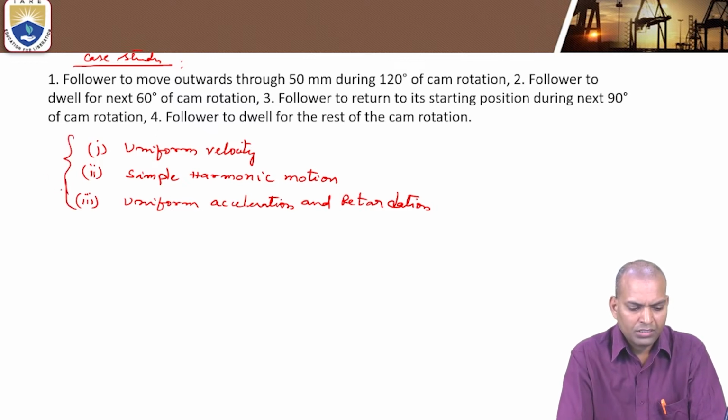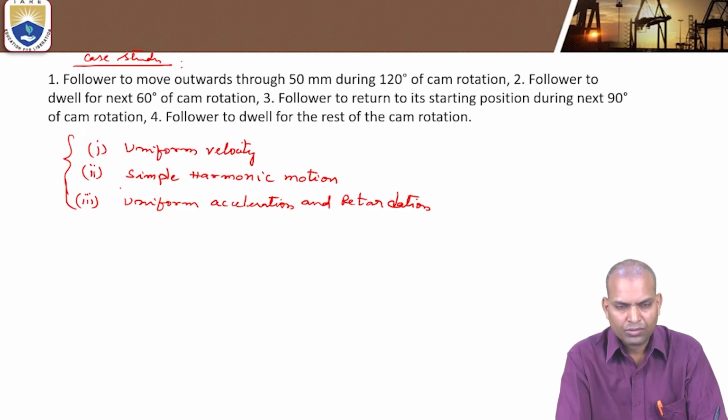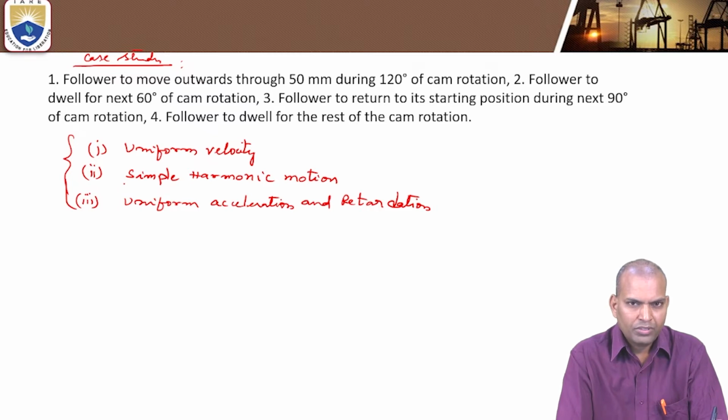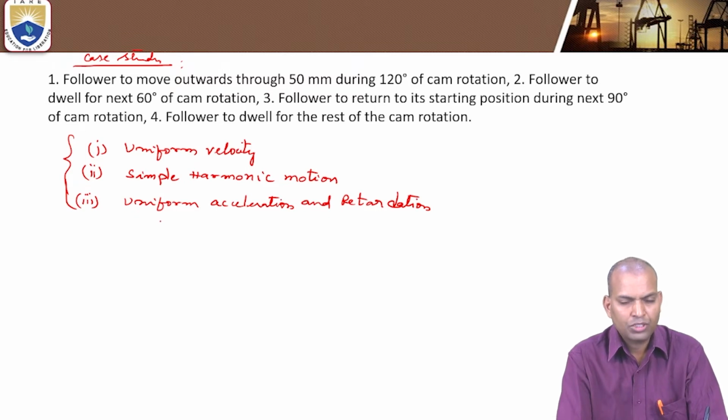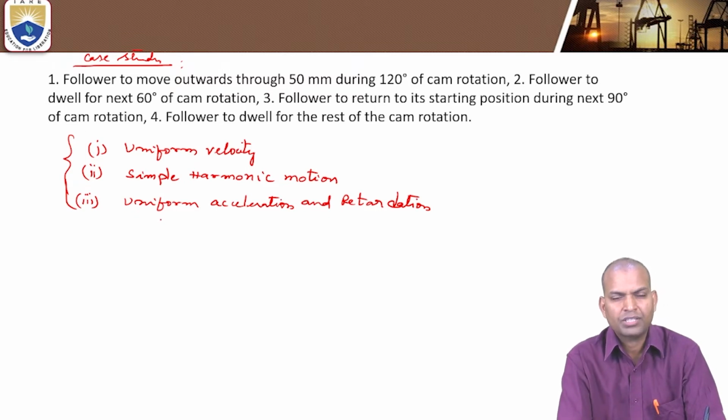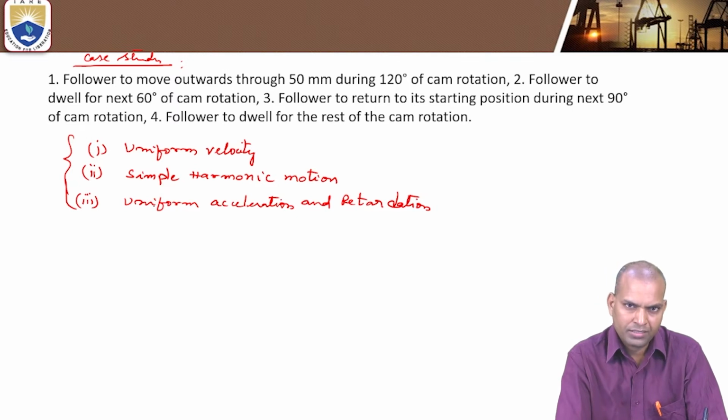we are going to draw the three displacement diagrams, that is uniform velocity, during outstroke and return stroke. And if the follower is having a motion of simple harmonic motion during outstroke and return stroke, and also if the follower is having a uniform acceleration and retardation during outstroke and return stroke of the follower.